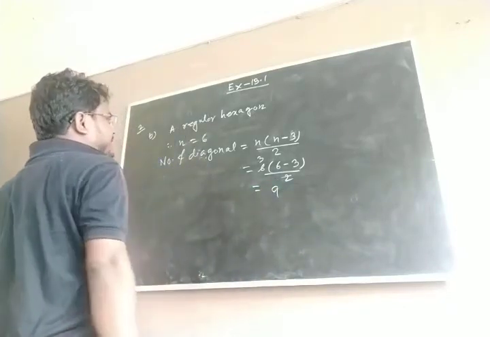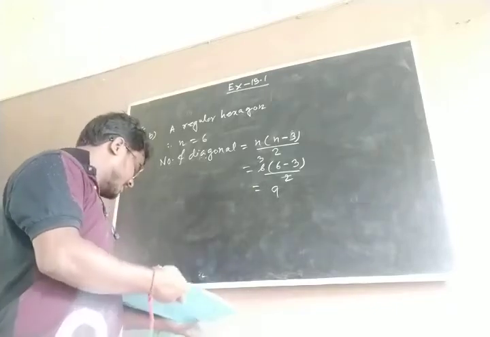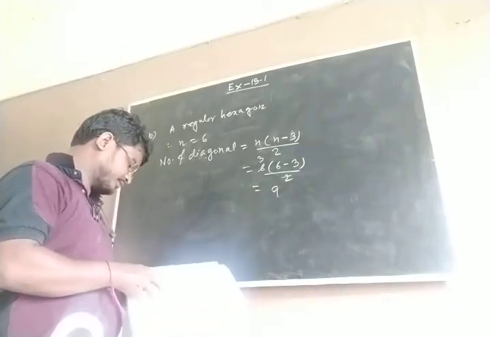There will be 9 diagonals of a regular hexagon. Okay.